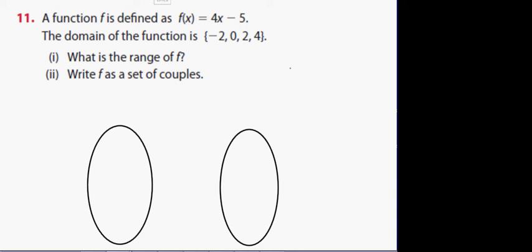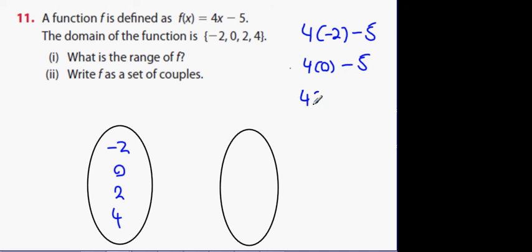Now that I've done that, I'm burned. You awake? 2, 4, right? And the next one is, what is the range? So what do we need to do? We need to multiply each number by what, guys? 4, and then take away 5. So here's me doing all 4 numbers now.